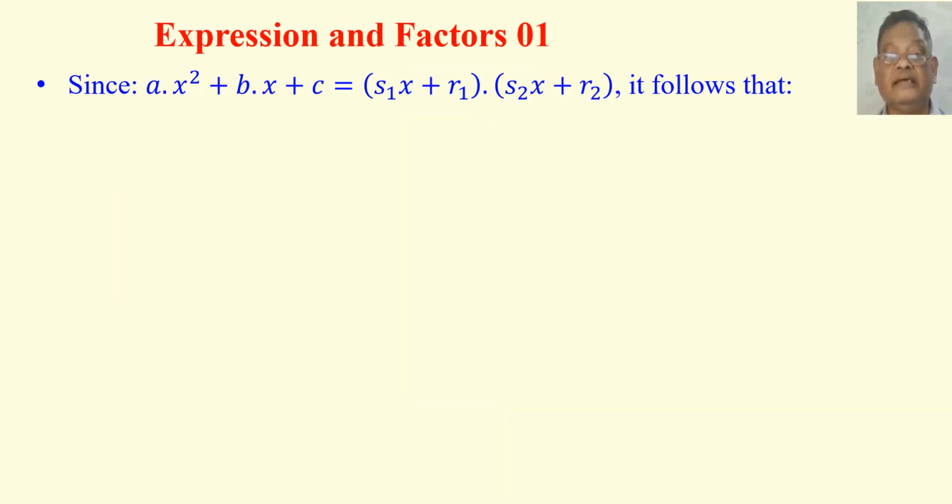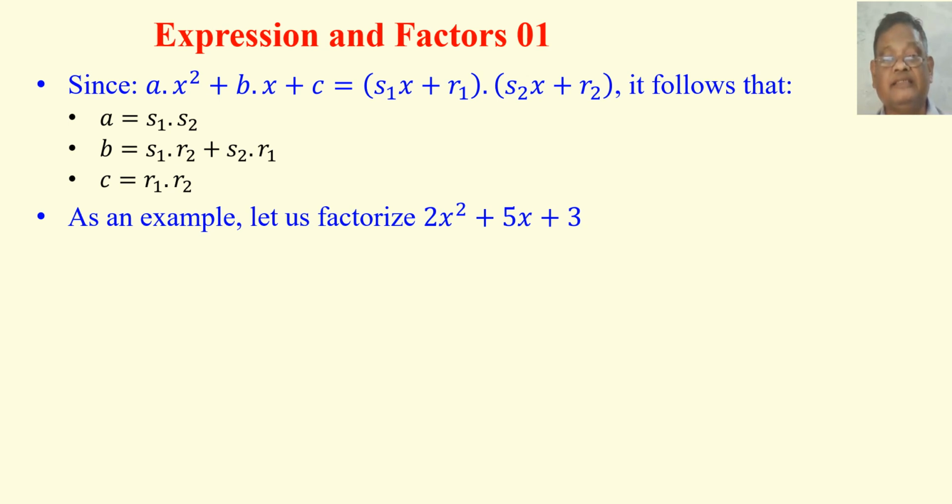Since ax squared plus bx plus c is equal to s1x plus r1 into s2x plus r2, it follows that a equals s1 into s2, b equals s1 r2 plus s2 r1, and c is equal to r1 and r2. As an example, let us factorize 2x squared plus 5x plus 3.